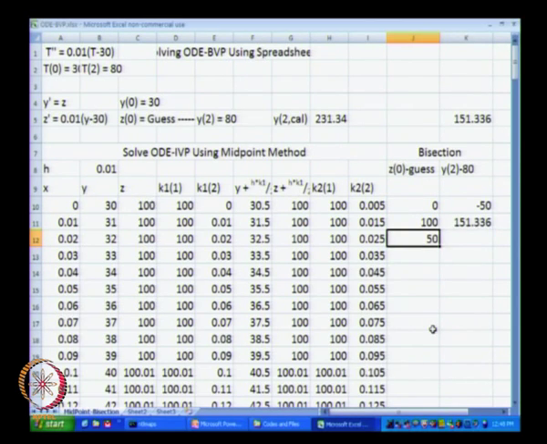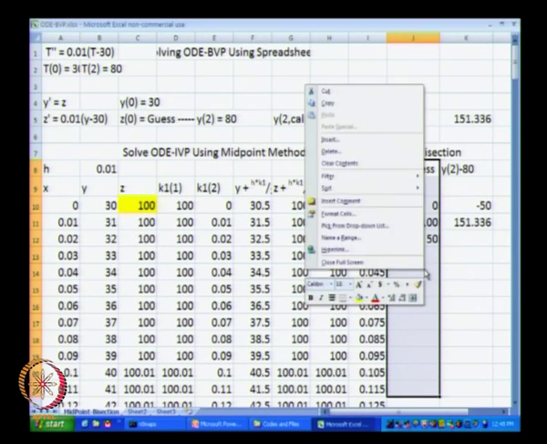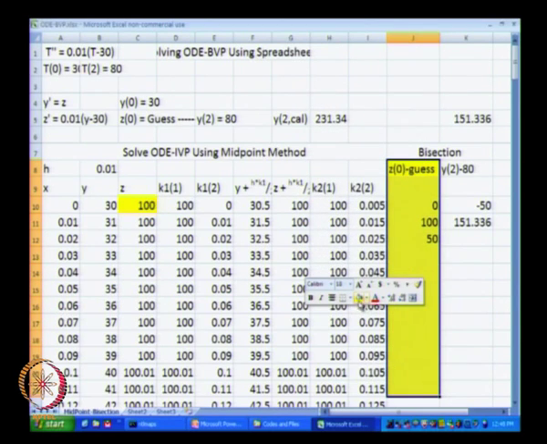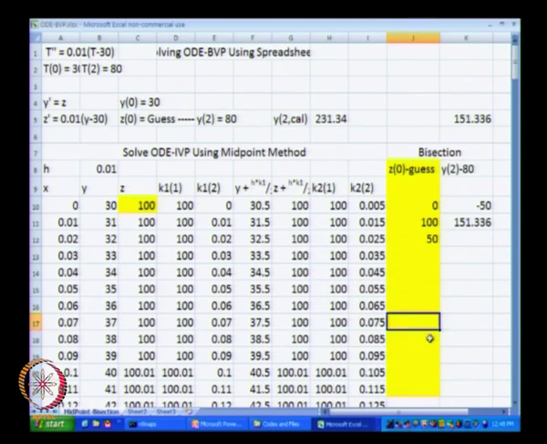So, what we are going to do is take this Z0 value, and I will color all these cells also, so that it is easier for us to realize what is happening over here. Okay.